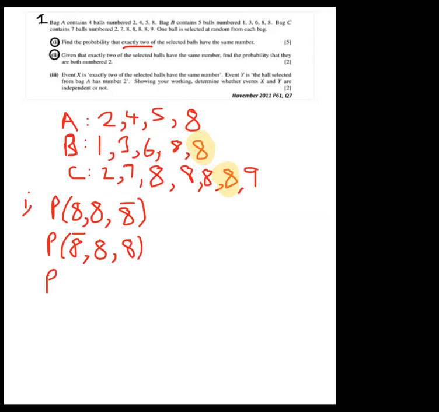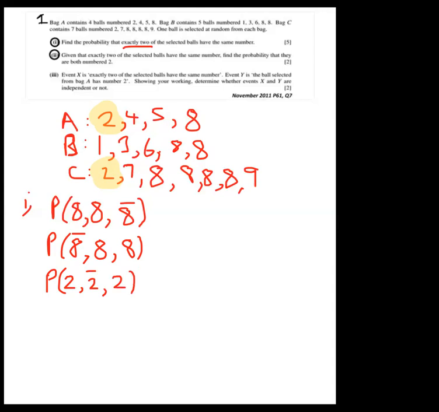The third possibility is that bag A has 2 and bag C has 2, whereas bag B does not have 2. So bag A has 2, bag B does not have 2, and bag C has 2.